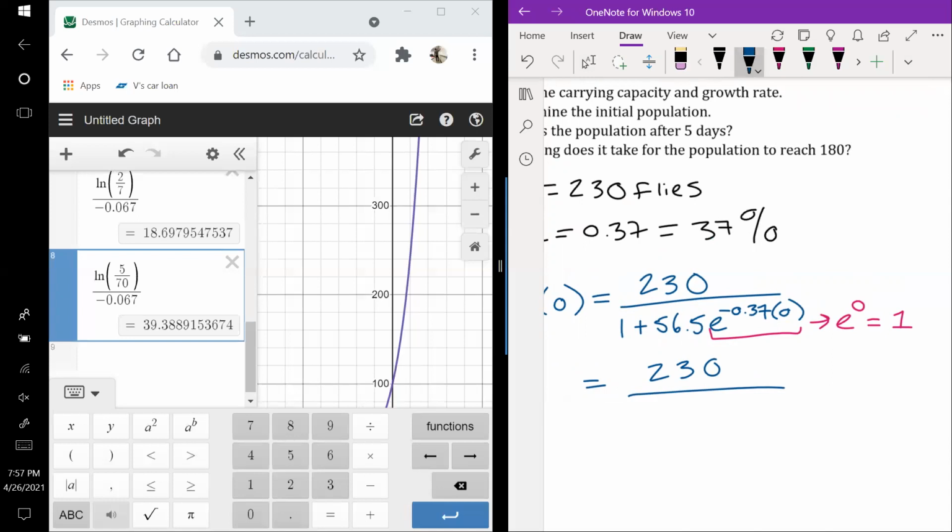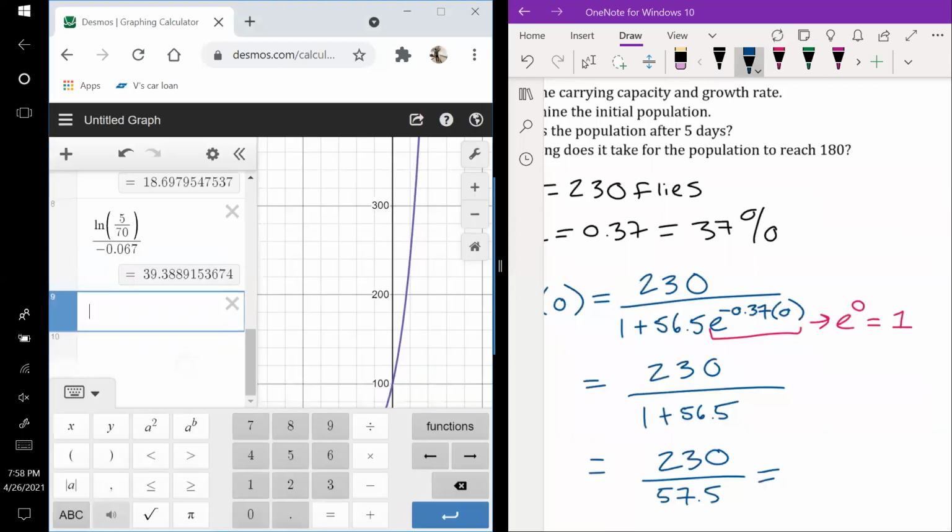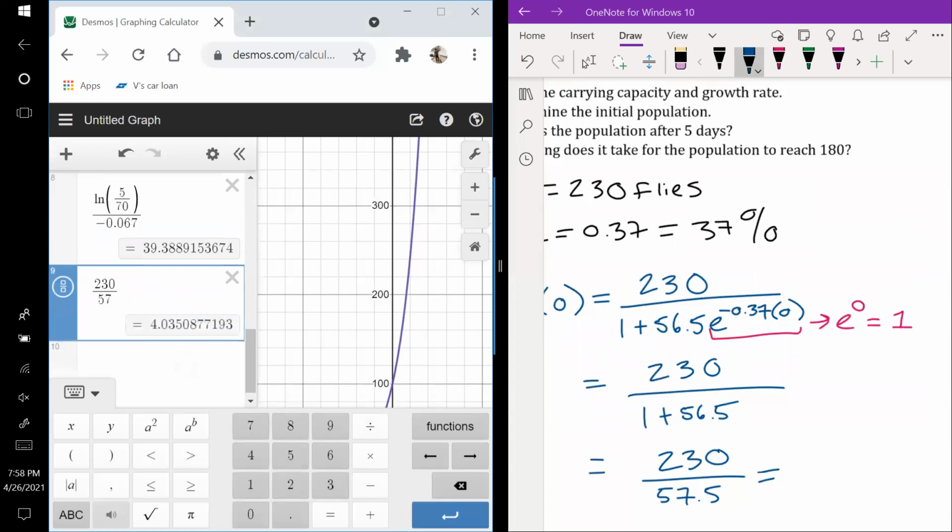So we'll just have 230 over 1 plus 56.5, or 230 over 57.5. And let's see what our initial population of fruit flies was, since we left the door open, or wherever they come from. 230 over 57.5, and we get that the initial population that flew into your house was 4.